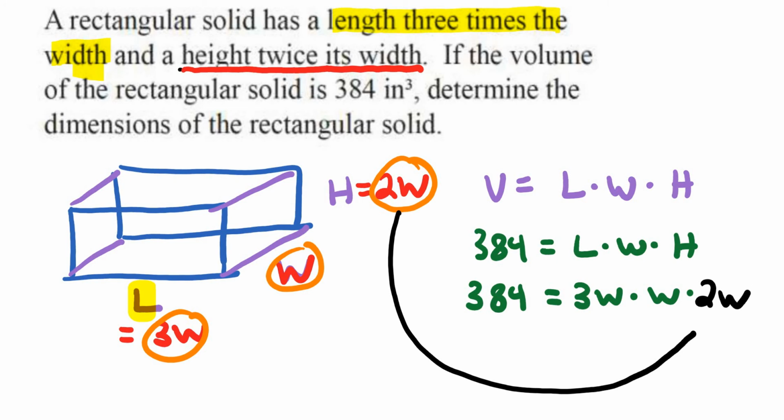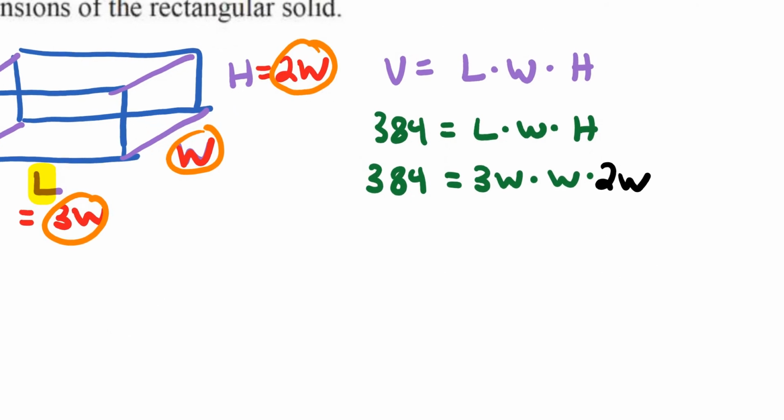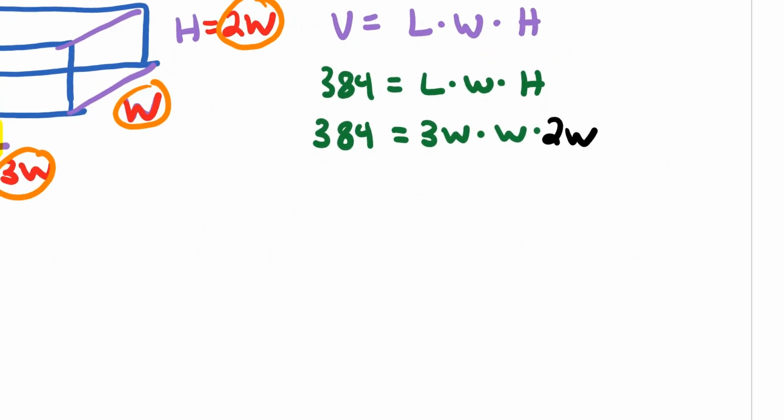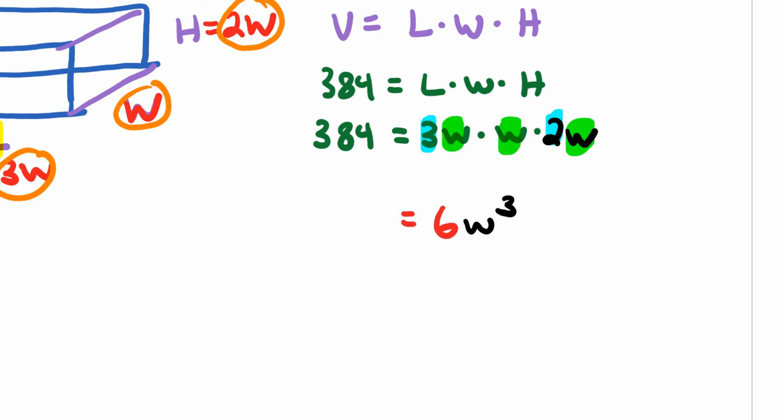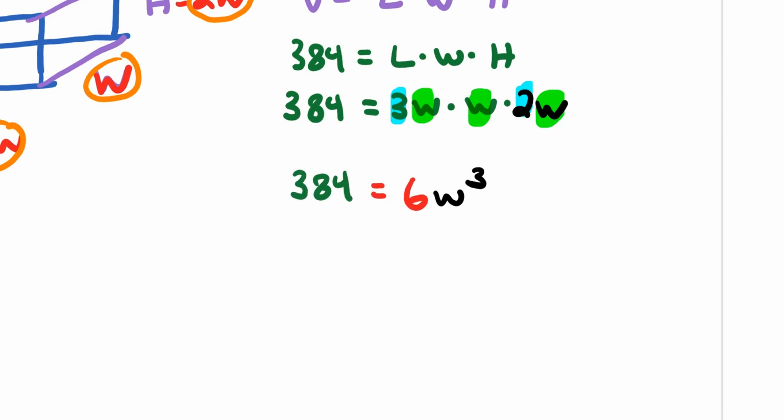Okay, so we're just going to plug in those values, and now we're going to find the dimensions of this rectangular solid. Okay, so let's go ahead and do this. What's 3 times 2? 3 times 2 is going to be 6. And then we have W times W times W, and that's going to be W cubed. And then I have 384 on the left-hand side.